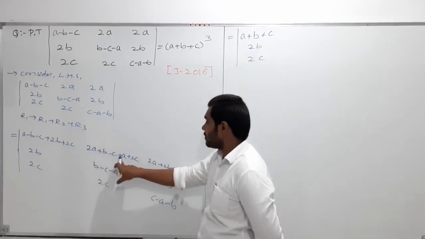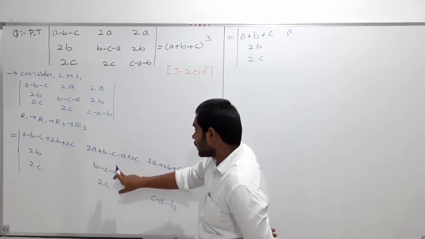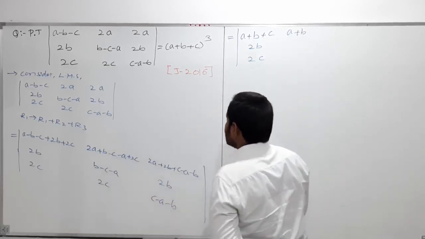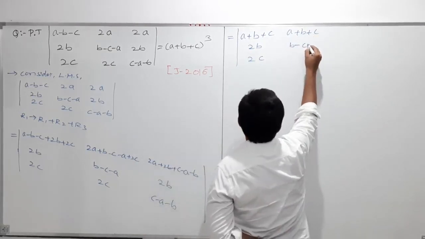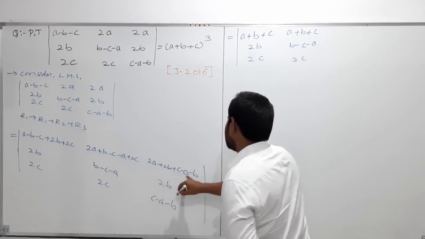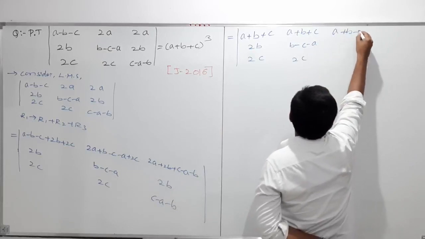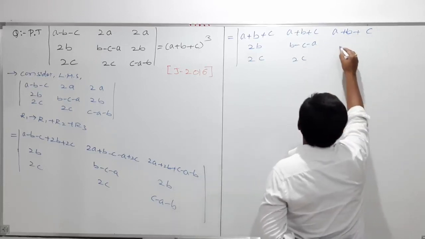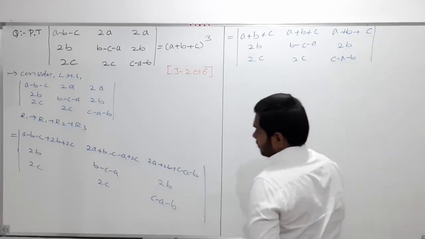And here also 2a minus a is plus a, plus b, so a plus b, and next 2c minus c is again plus c, and next remaining elements as it is, b minus c minus a, and 2c as it is. And here also 2a minus a is plus a, 2b minus b is plus b, plus c is as it is, and remaining elements as it is, 2b, c minus a minus b.